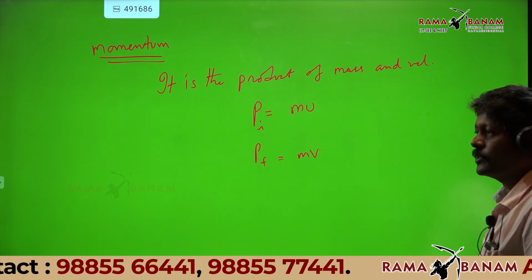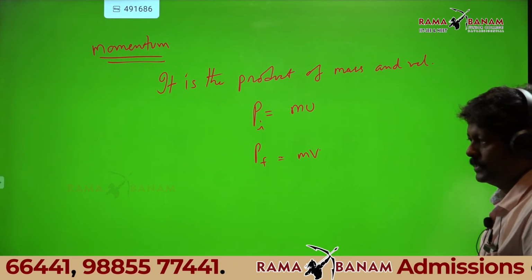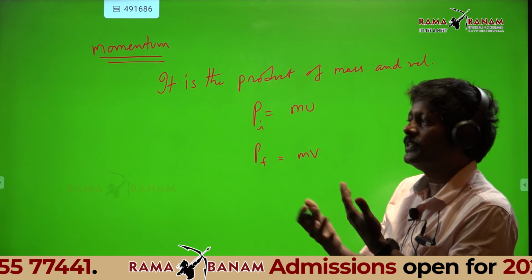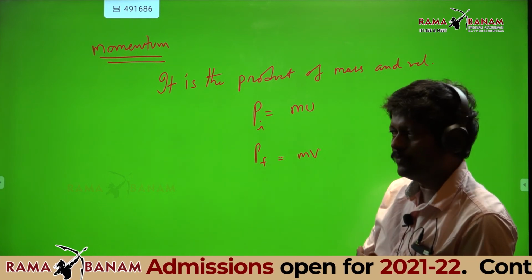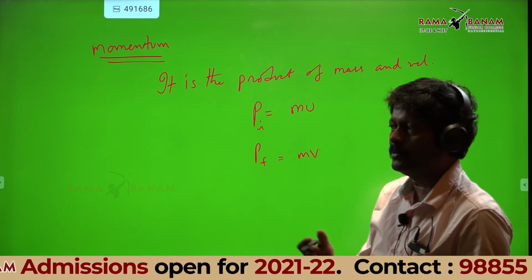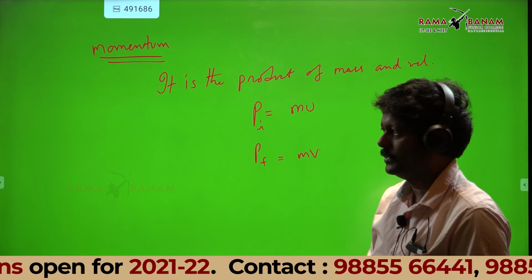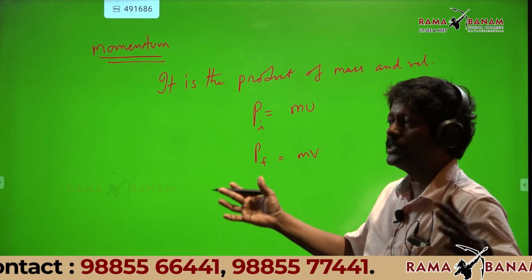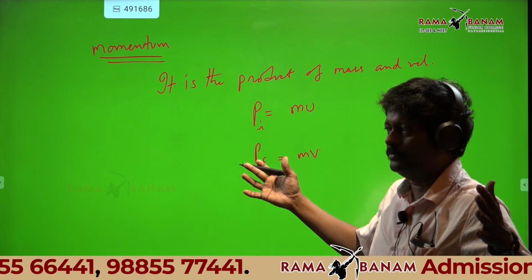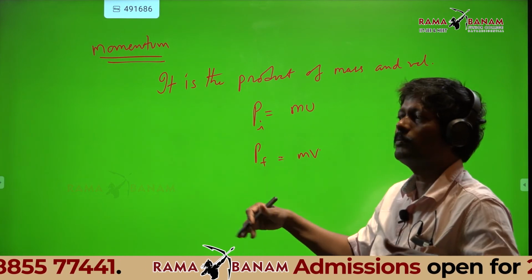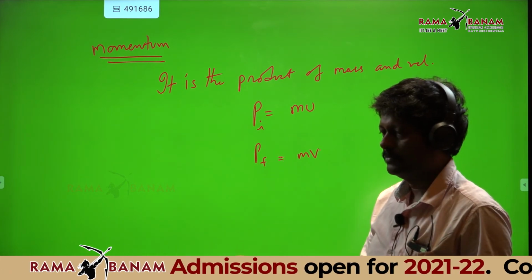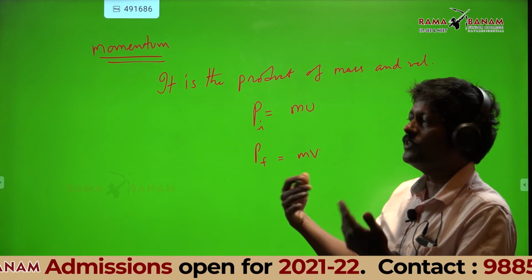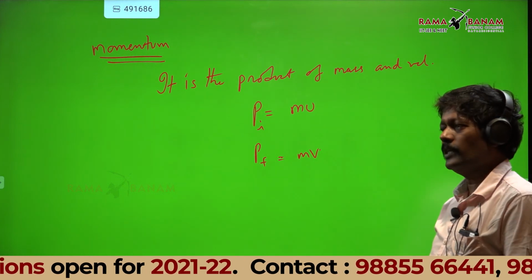Now listen. Momentum means the product of mass and velocity. Of course, you know the formula: initial momentum mu, final momentum mv. What is the meaning of that? If the mass is very large, momentum can be very large. Or if the velocity is very large, momentum will be large.